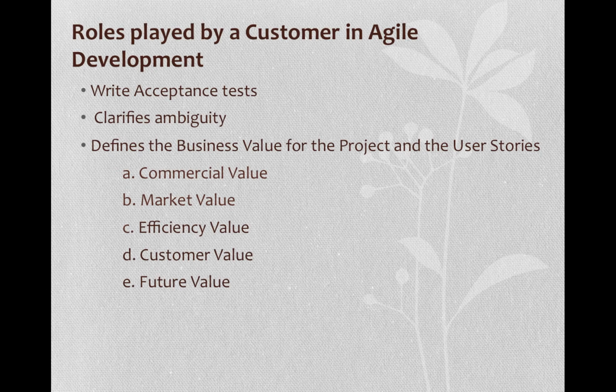Typically, these acceptance tests are the requirement artifacts. Acceptance tests basically consist of testing the features, business rules, functional requirements, and the user requirements, etc. The next role played by the customer is in clarifying the ambiguity. So, what are these ambiguous requirements?